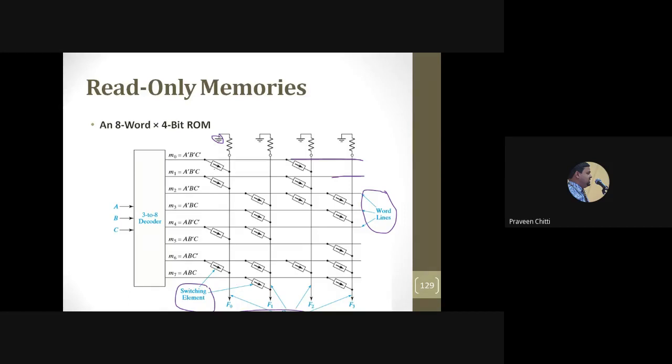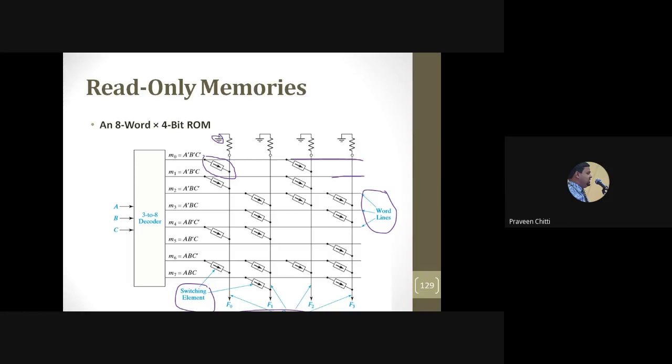Now, for the time being, forget about all the switching elements. Assume that no switching elements are present except this particular one, and all others are absent. Can anybody tell me what the role of this switching element is?